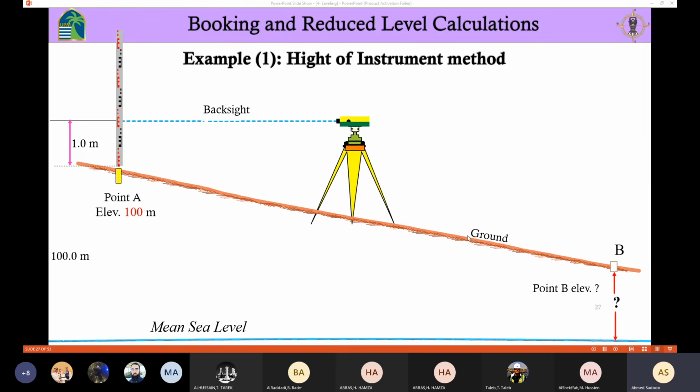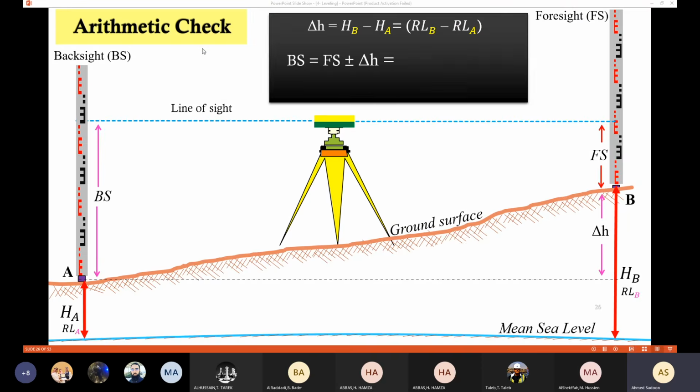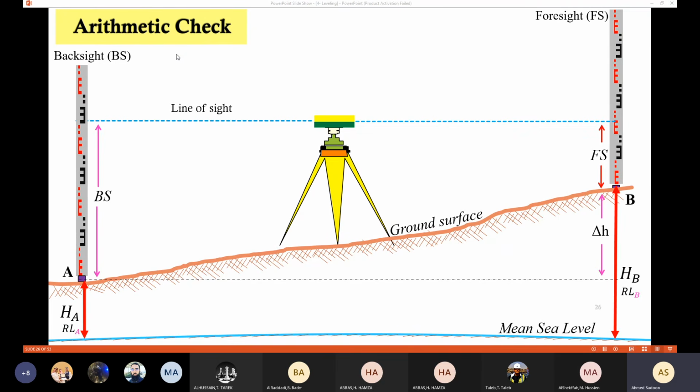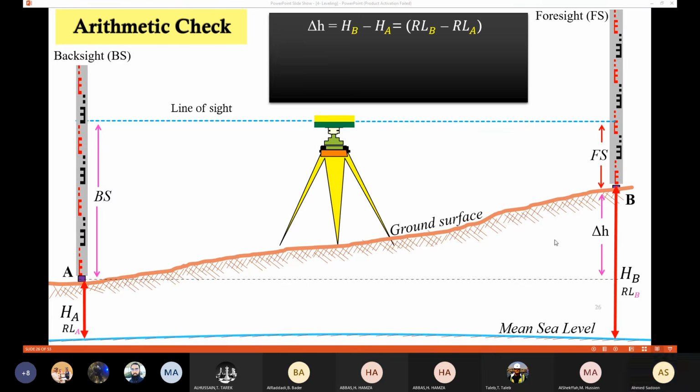So now let's get back to the arithmetic check. We say that in order to make sure that my calculation is correct, I need to do an arithmetic check. So in the arithmetic check, you can see here delta H. If you draw a horizontal line here and a horizontal line there, you are going to figure it out.